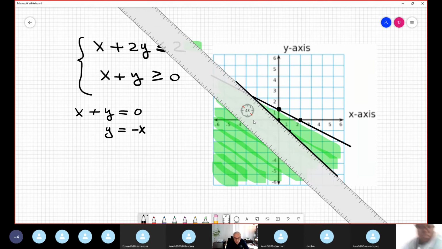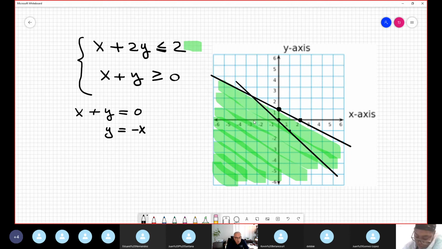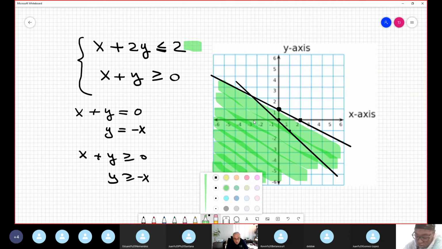Okay, super. However, when you are doing the inequality, it's the same. No division or multiplication by a negative number. So it's greater than minus x, so the shade is above this line.